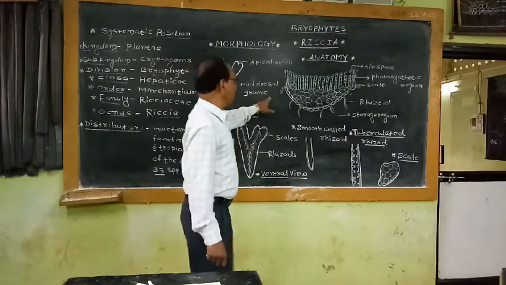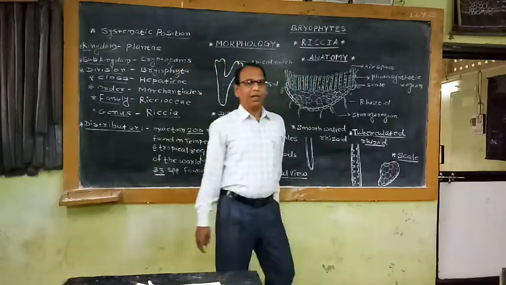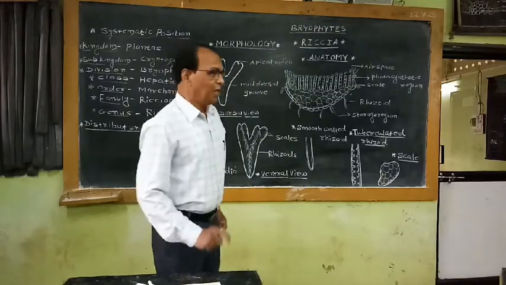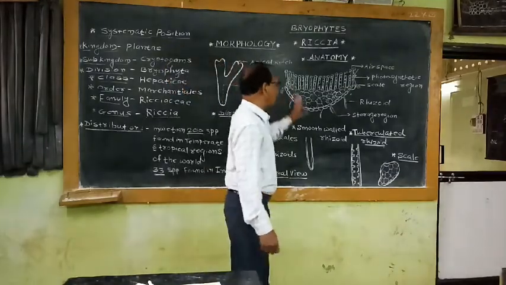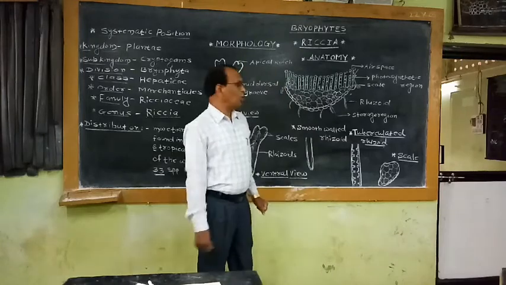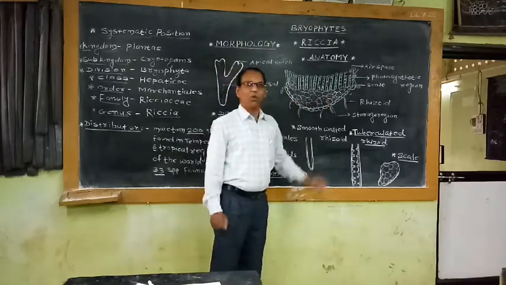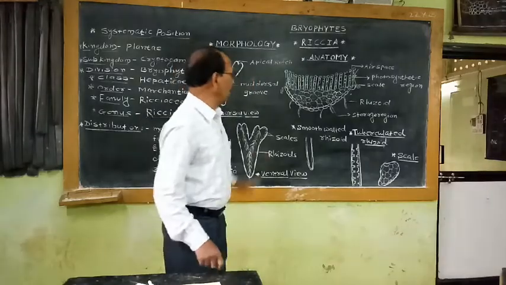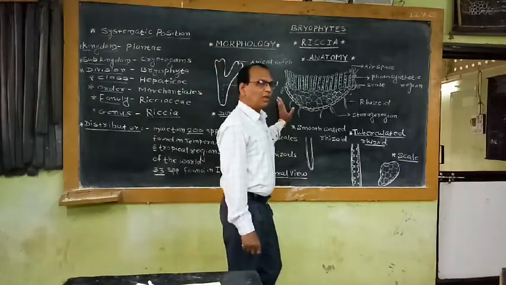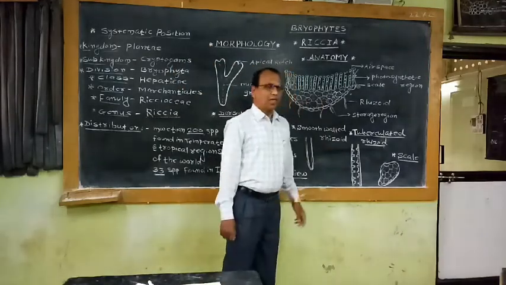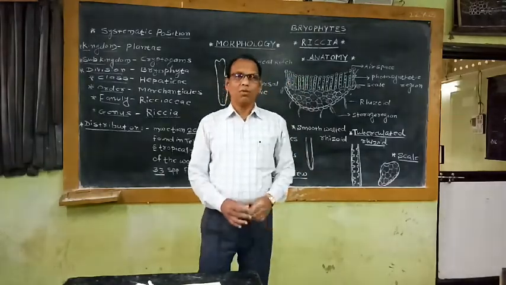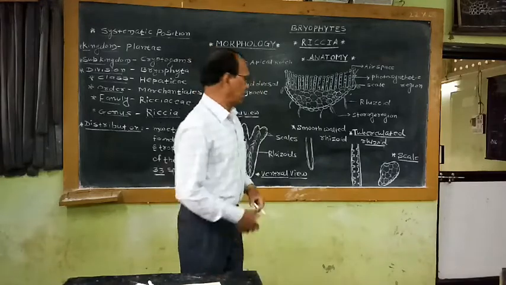Then if we see the internal organization of the thallus, or anatomical details of the thallus, if we take the transverse section of the thallus and observe under a microscope, the thallus shows a boat-like appearance, more or less. The transverse section is looking like a boat. If we observe the thallus, it shows two distinct regions.